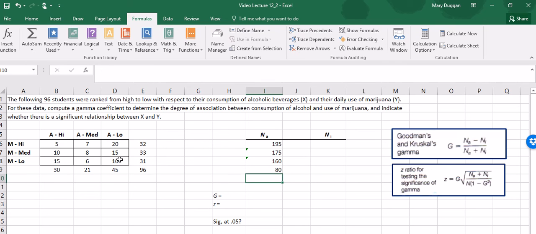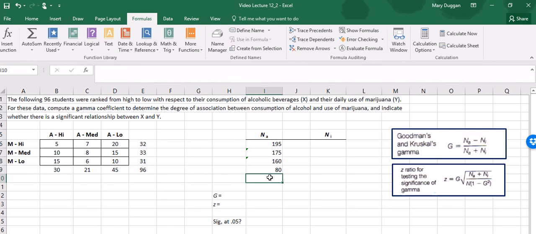Okay. Now as I move over to the next row, again, same thing. I'm not going to find any cells that are lower on both measures because I'm in the lowest here. And same with all of these. These are all going to be the lowest, so I'm not going to be able to use those in my agreements. So for this group, I have all the agreements that I'm going to have, and our formula asks us to add them up.